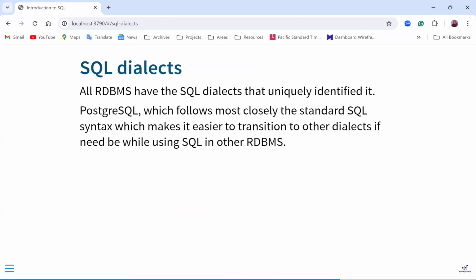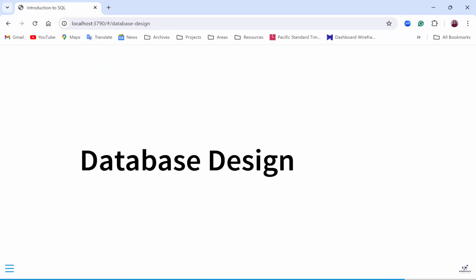All our DBMS have the SQL dialects that uniquely identify it. PostgreSQL, which we are going to focus on in this lesson, follows most closely the standard SQL syntax, and this makes it easier to transition from the knowledge you've gained from using PostgreSQL to other dialects if need be while using SQL in other RDBMSs.